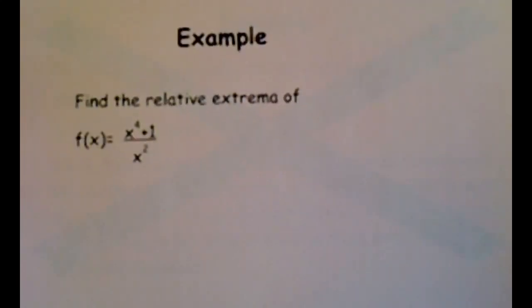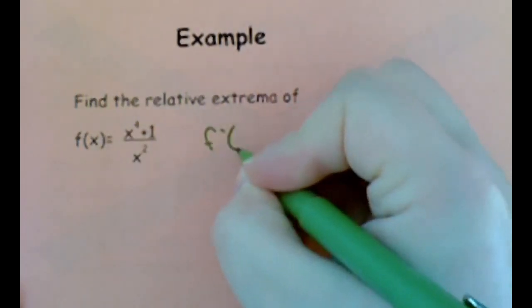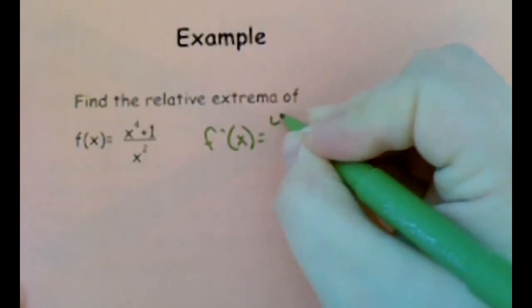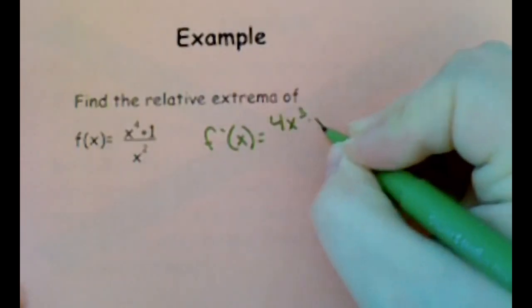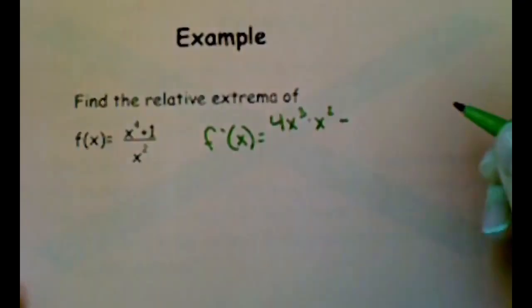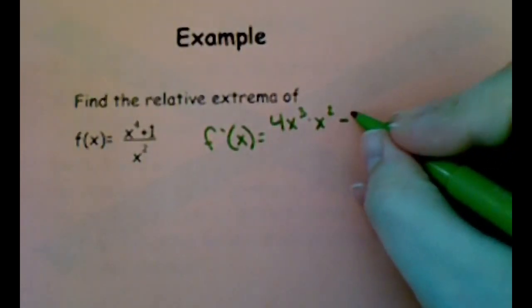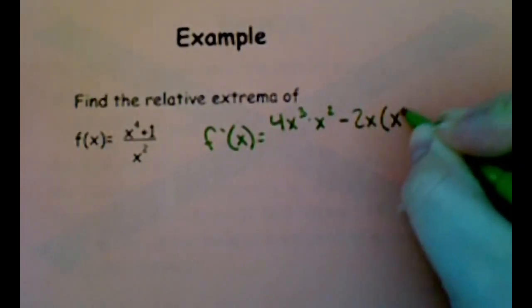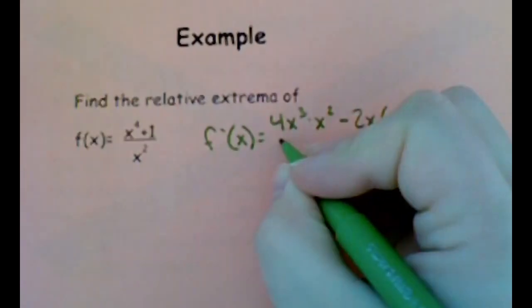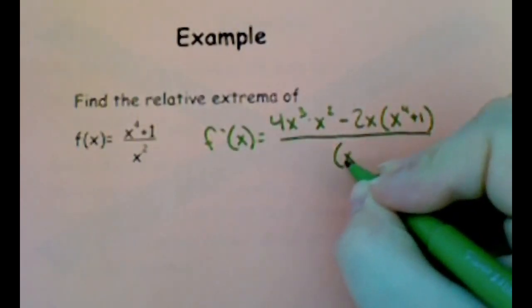And one more problem here. Relative extrema of f of x equals x to the 4th power plus 1 over x squared. We need to use the quotient rule to find this derivative. So we take the derivative of the top, which is 4x cubed, times the bottom unchanged, minus the derivative of the bottom, which is 2x, times the top unchanged, all over the bottom squared.